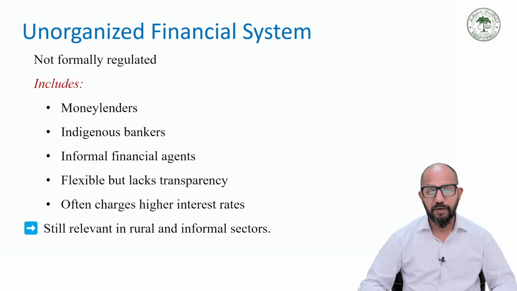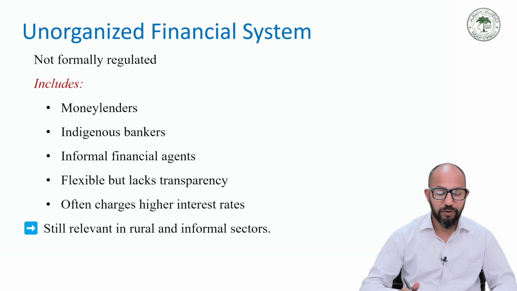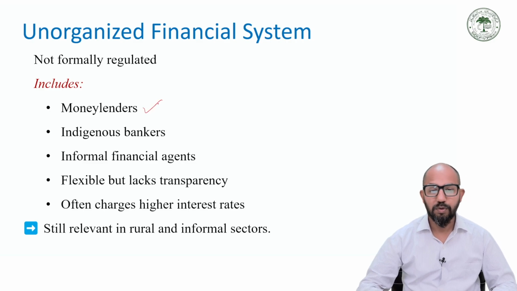The unorganized financial system includes moneylenders, those who give money locally based on some collateral, that is household collateral, or based on trust as well. But they have a huge and strong network and means of recollecting money from the debtors.